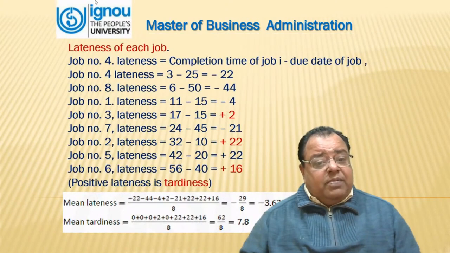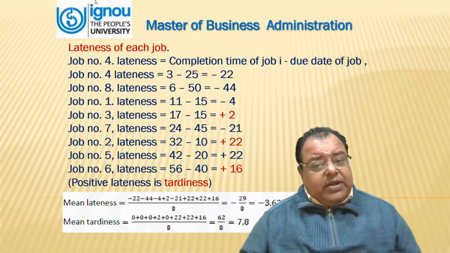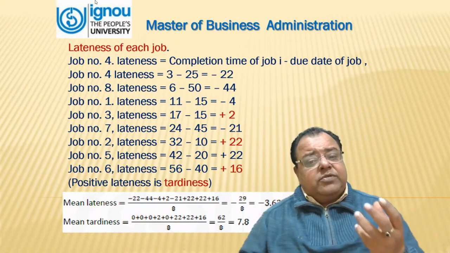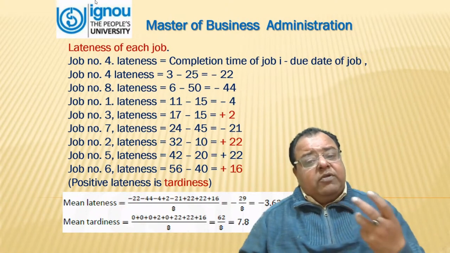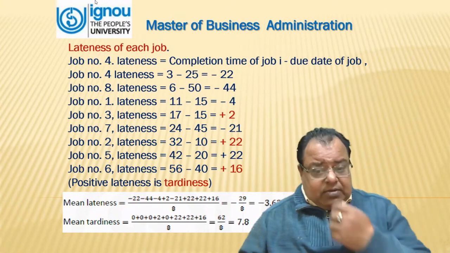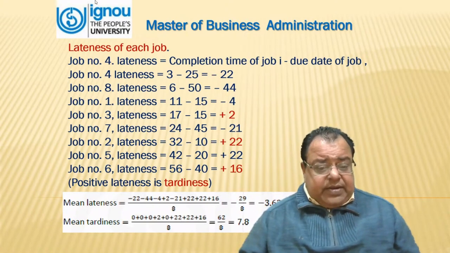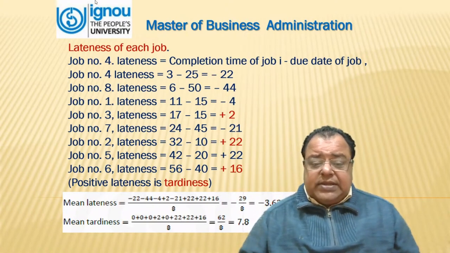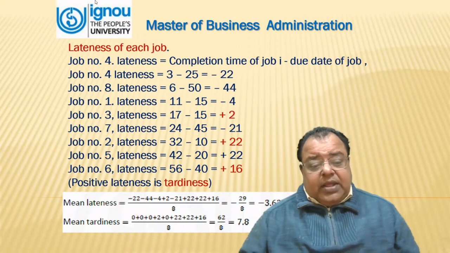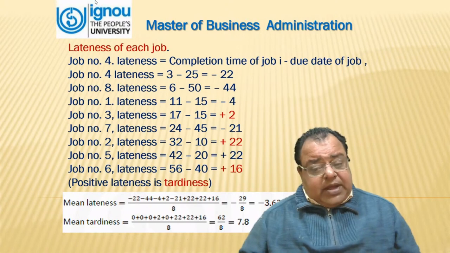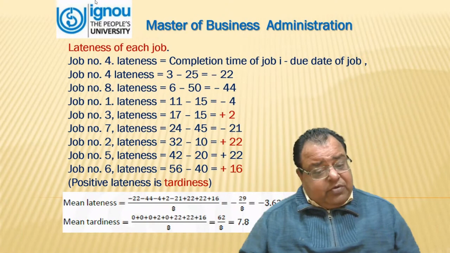Now the lateness of each job. The lateness of a job is calculated by the relation: completion time of job i minus due date of job i. So all this is calculated and we find it out. The numbers marked in red have positive lateness, that is tardiness. We then calculate the mean lateness, which comes out to be minus 3.625 units.